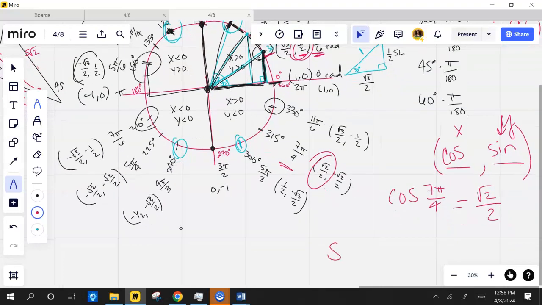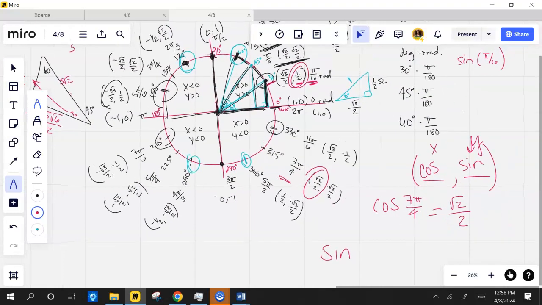What about the sine of pi over 3? That's exactly right. Does everybody see how we're using the unit circle to answer these questions?